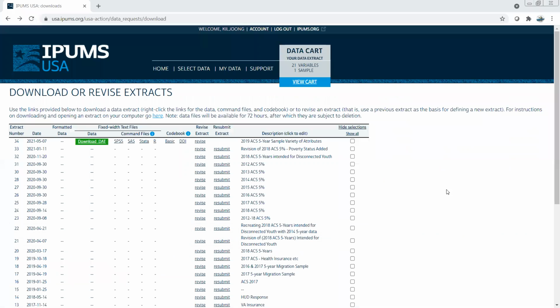So basically, that's how you get your IPUMS data and turn it into, at least in Stata and R, usable data files that will allow you to do some analyses.